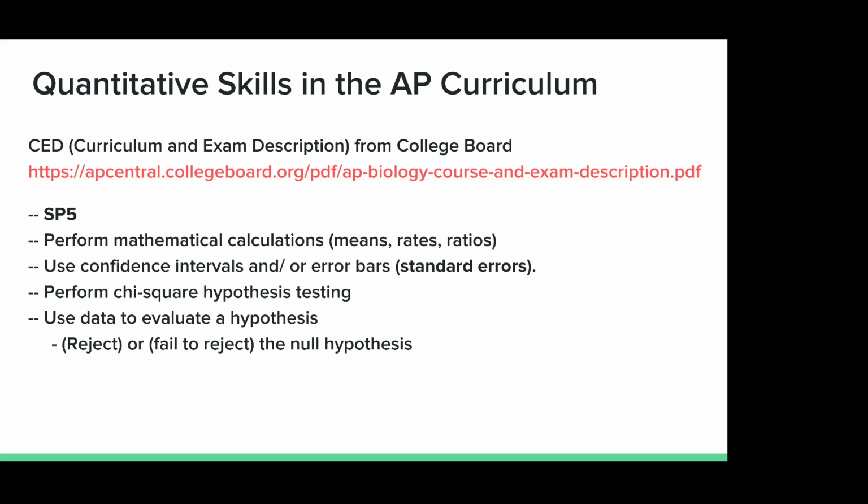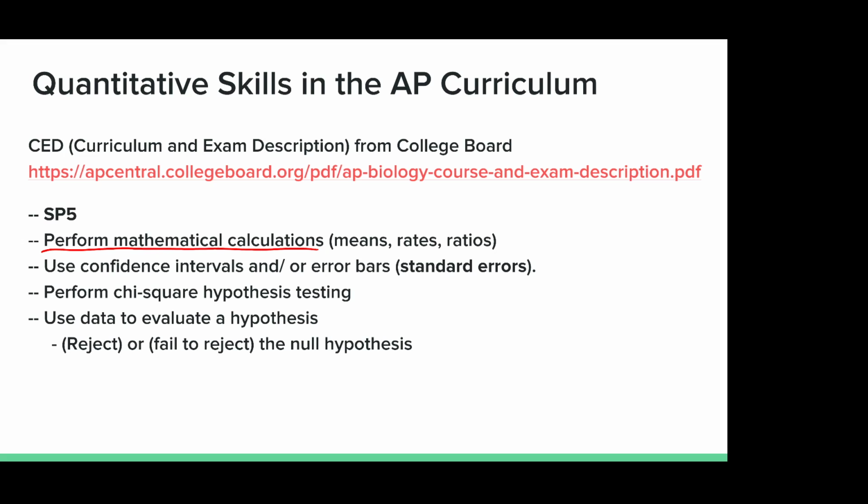Okay, so this slide is about Science Practice 5, the other science practice that this review is going to hit pretty hard. SP5 requires us, one, to perform mathematical calculations using things such as means, rates, percentages, and ratios, and also to use confidence intervals and/or error bars, which are typically constructed from standard errors.